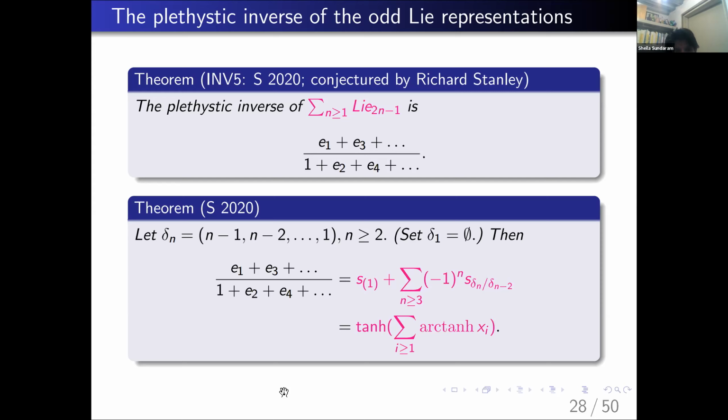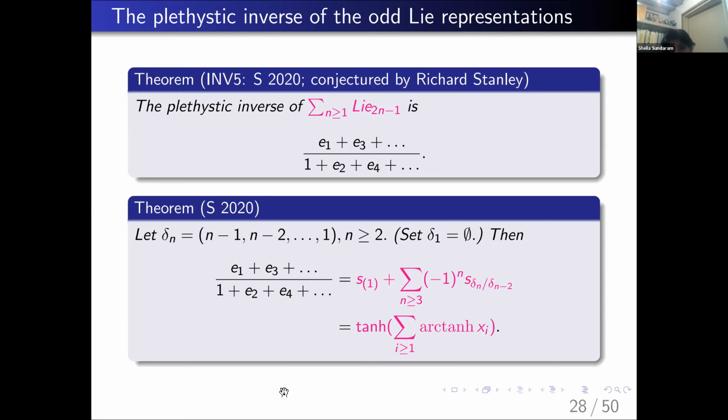And then the corollary, well, it's not actually a corollary, it's a separate computation. If delta n is the staircase shape, then this expression is an alternating sum of skew shapes. And it's also the hyperbolic tangent of the sum of hyperbolic arctangents of the xi's, right?